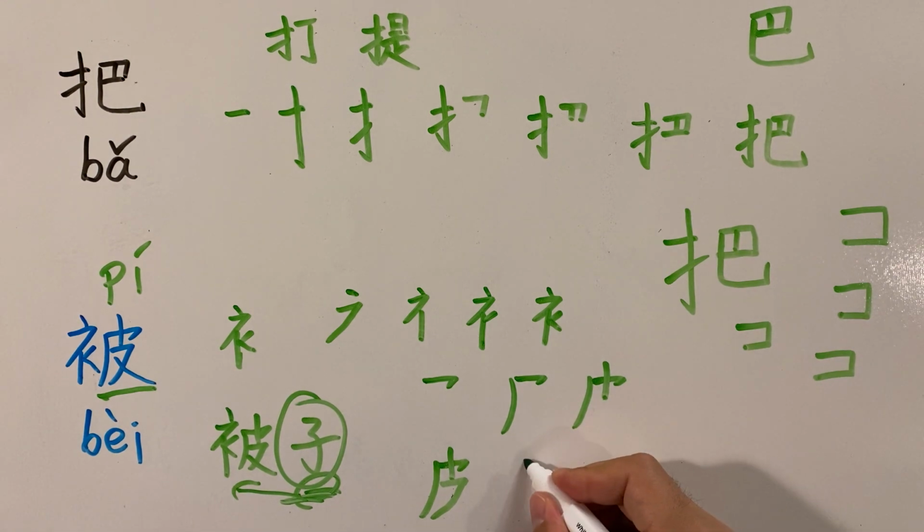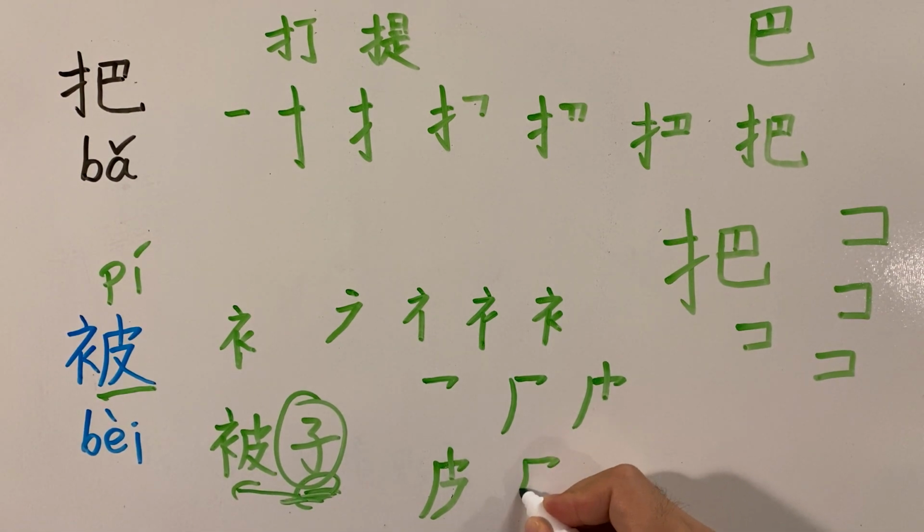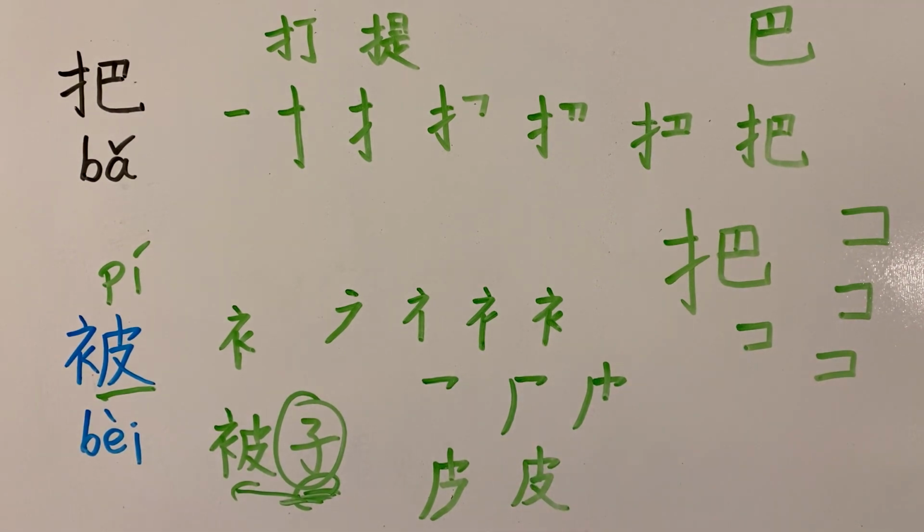You need a lot of practice to write it like this. The last stroke is called 捺. It is a stroke where you give some power at the end.